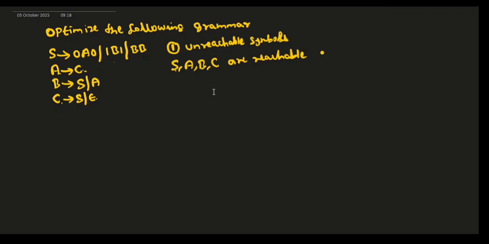So the next step is to apply epsilon here. Step number 2 is eliminate null productions. Now, how to eliminate null productions?